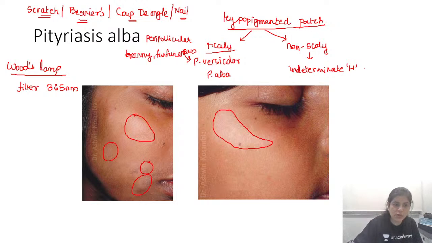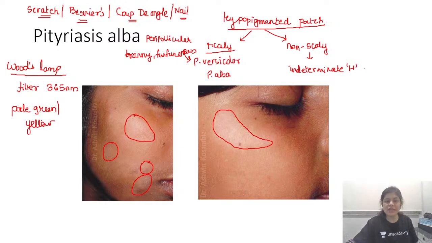As a result, that particular area will fluoresce. In patients with pityriasis versicolor, you get a typical pale green or pale yellow fluorescence. Pityriasis alba is not going to fluoresce. Okay, so that is the difference. That is how you differentiate on a Wood's lamp examination between pityriasis alba and pityriasis versicolor.